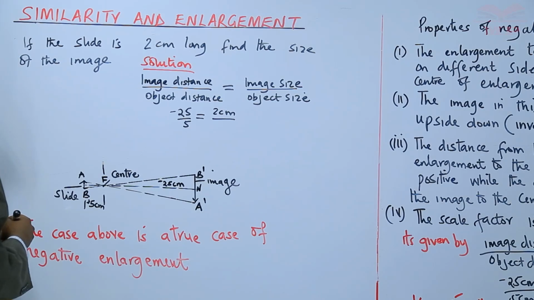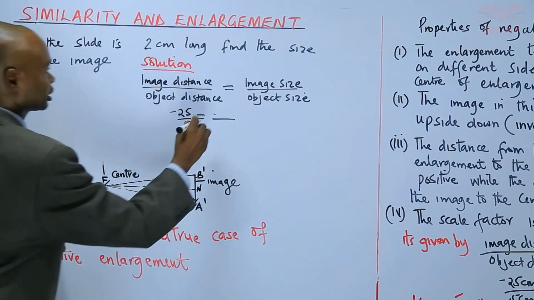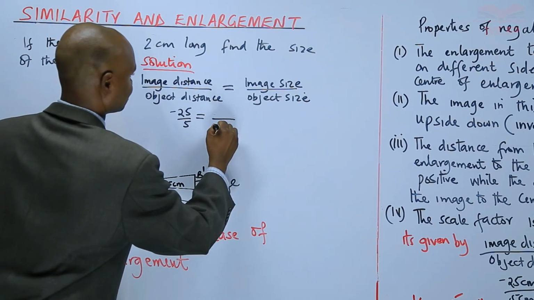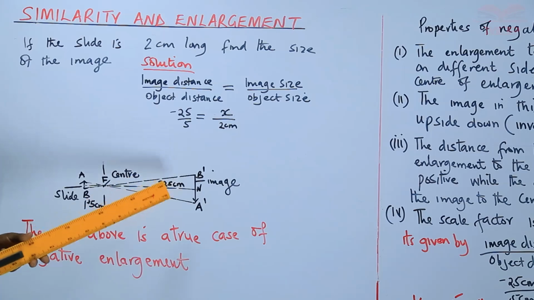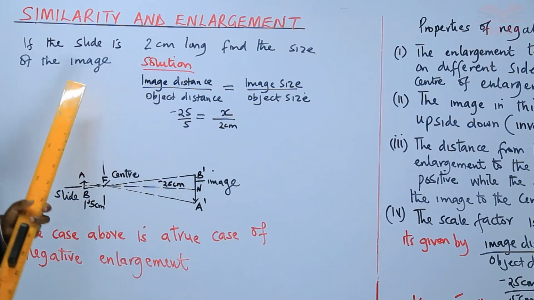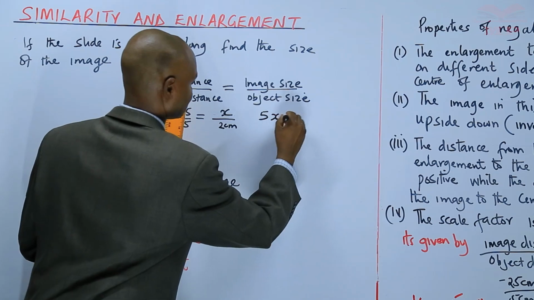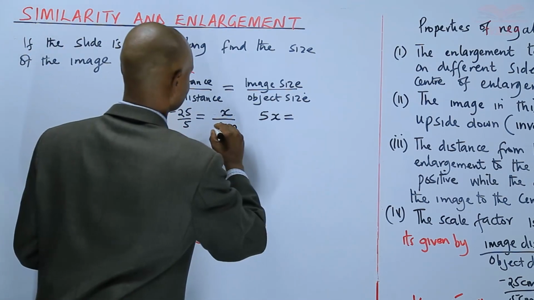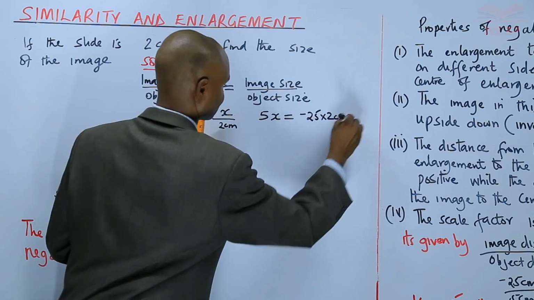Find the size. So the slide is the object. This is given as 2 centimeters, but the image size is not given. So you'll cross multiply: 5 times x will give you negative 25 times 2 centimeters.